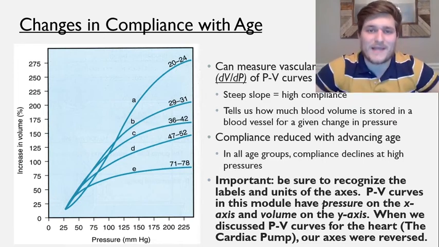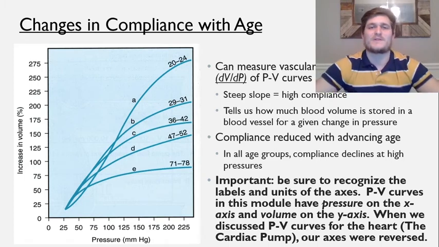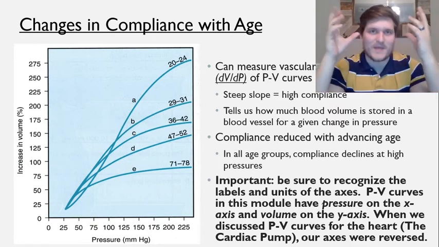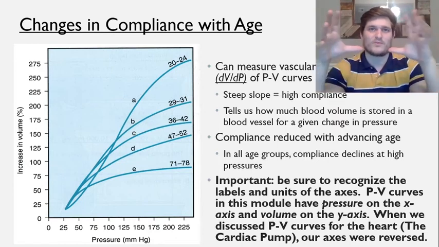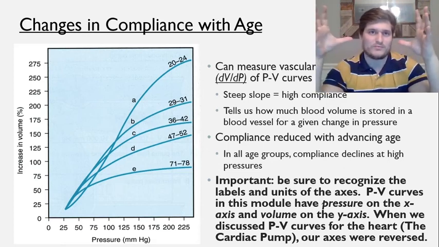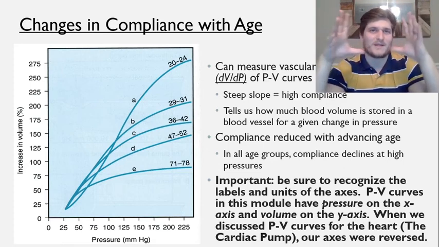It's important to note that compliance is reduced at high pressures, and think about this in the sense of a balloon. It's easier to fill up that balloon sort of in the middle of blowing it up. And as you get to higher and higher pressures within, as that balloon's really filling up, it gets harder and harder to expand that balloon.